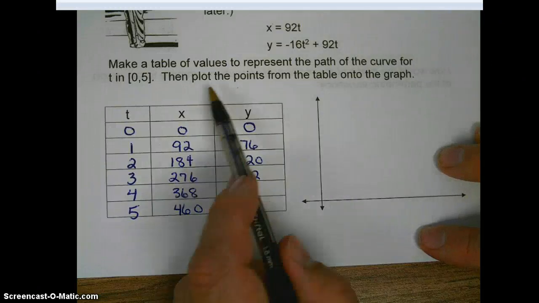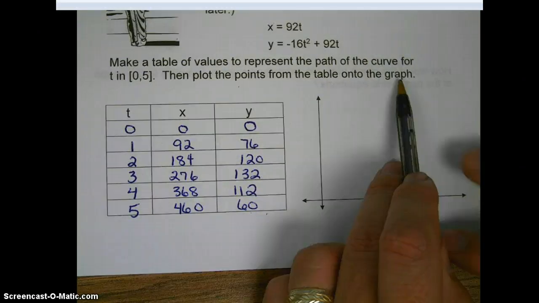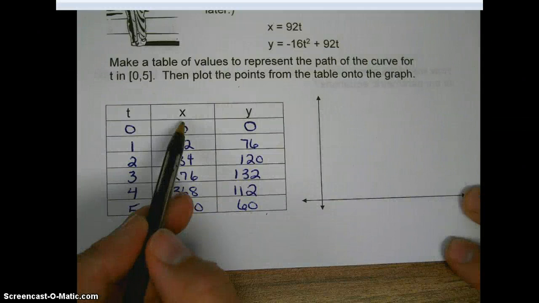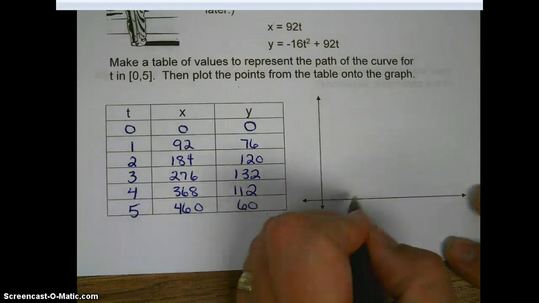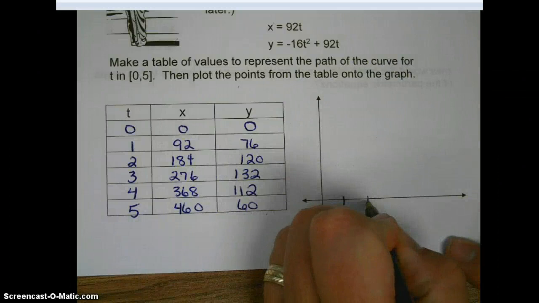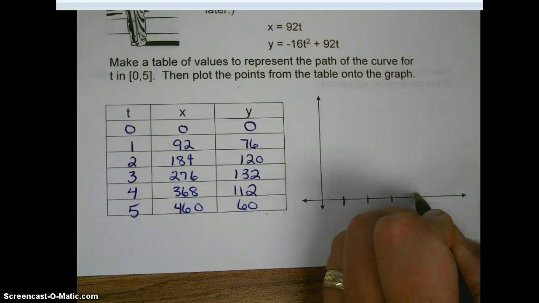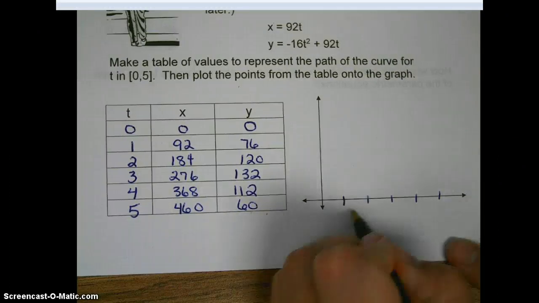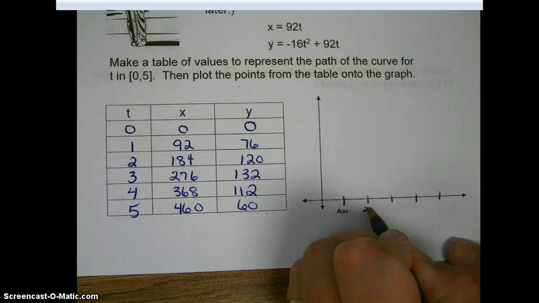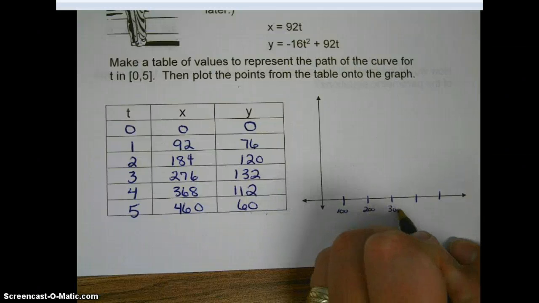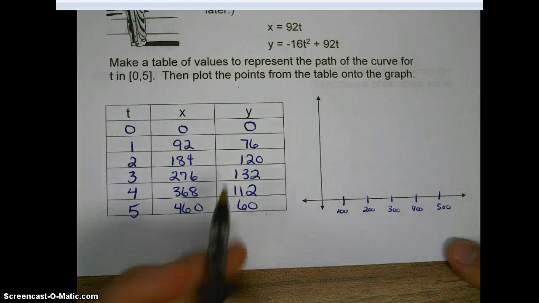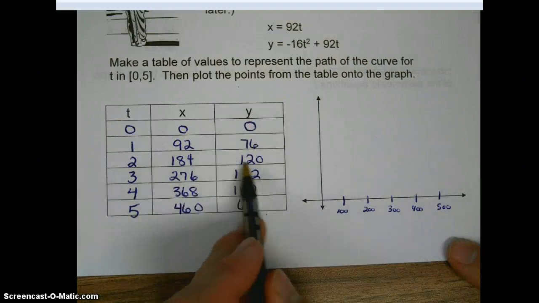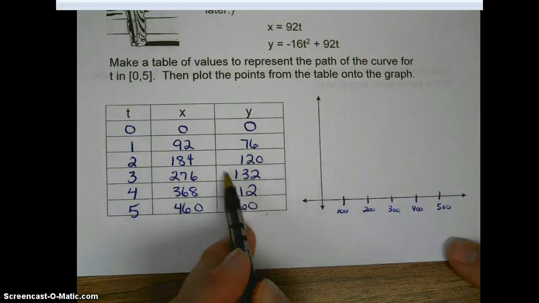Now it says plot the points from the table onto the graph. So we want our x to go from 0 to, let's say, 500. So 1, 2, 3, 4, 5. And then our y is going from 0 up to 132, maybe a little bit higher than that.